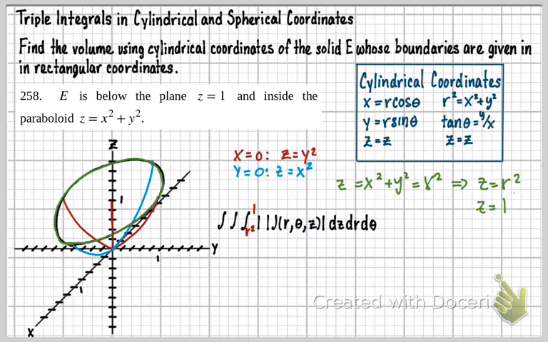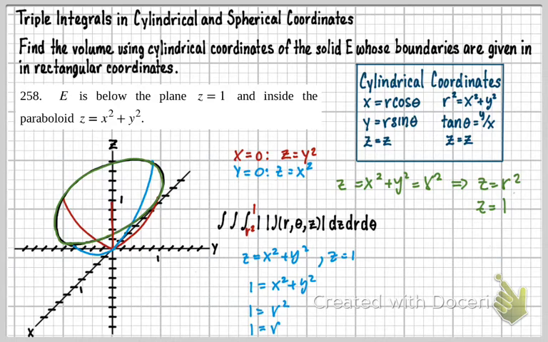Now for r here, we have to understand the equation. We have z equals x squared plus y squared, and we also have z equals 1. So if I sub 1 into the other one, I get 1 equals x squared plus y squared, and x squared plus y squared is r squared. So r squared equals 1, which tells me r equals 1.